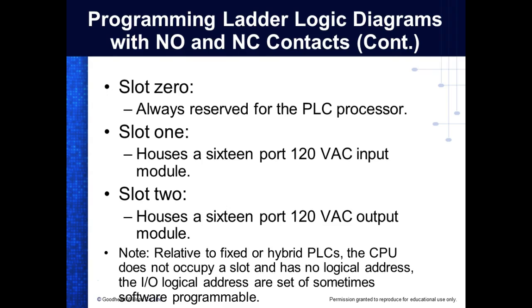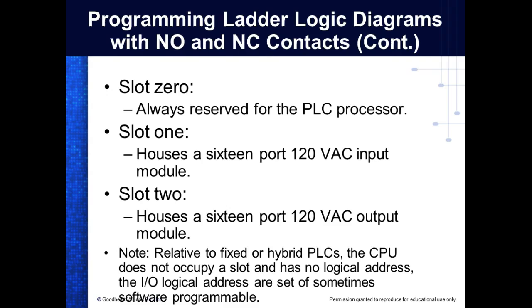So what we got, of course, slot 0 is on a modular PLC. Slot 0 is going to be the PLC, right? Slot 1, slot 2, what's going to be there? What do you think? In fact, our 504 uses a sinking input module and a sourcing output module. So those are DC modules. So this is not even true for our PLC.